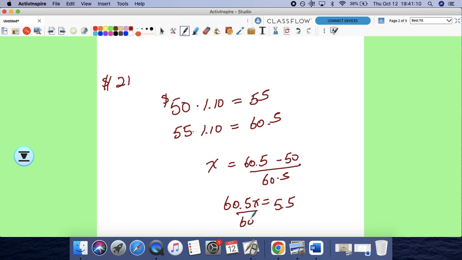Divide both sides by 60.5. I subtracted wrong.